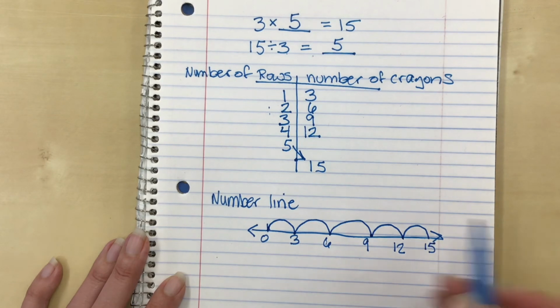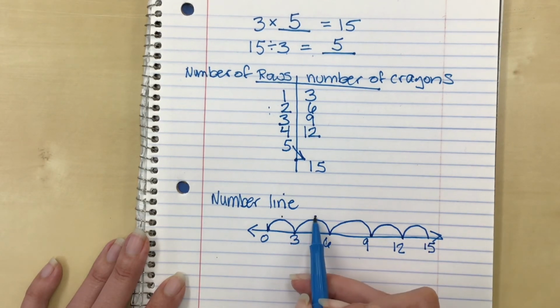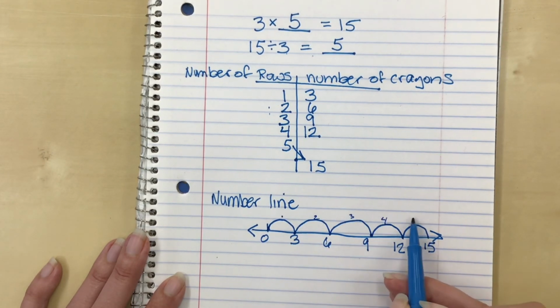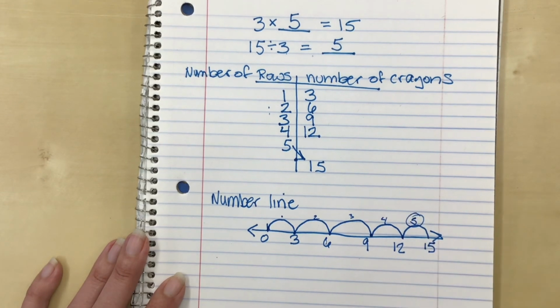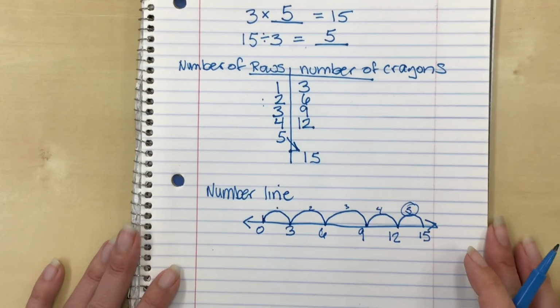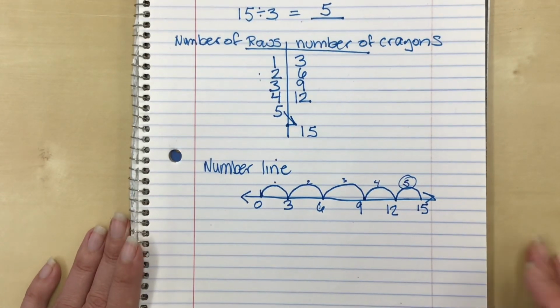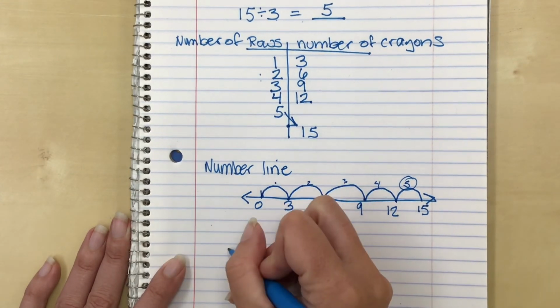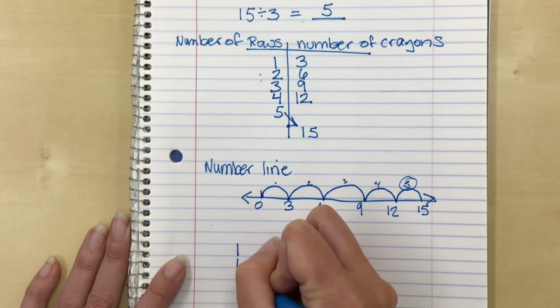And how many hops did we have? 1, 2, 3, 4, 5. 5 hops.